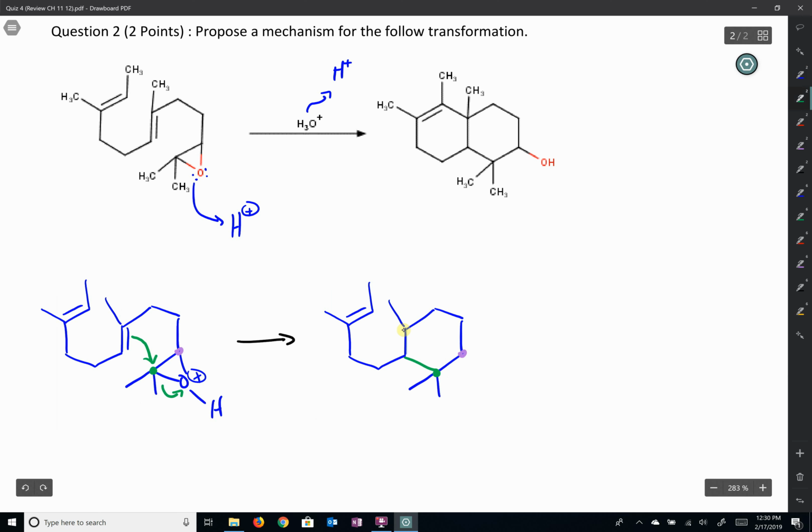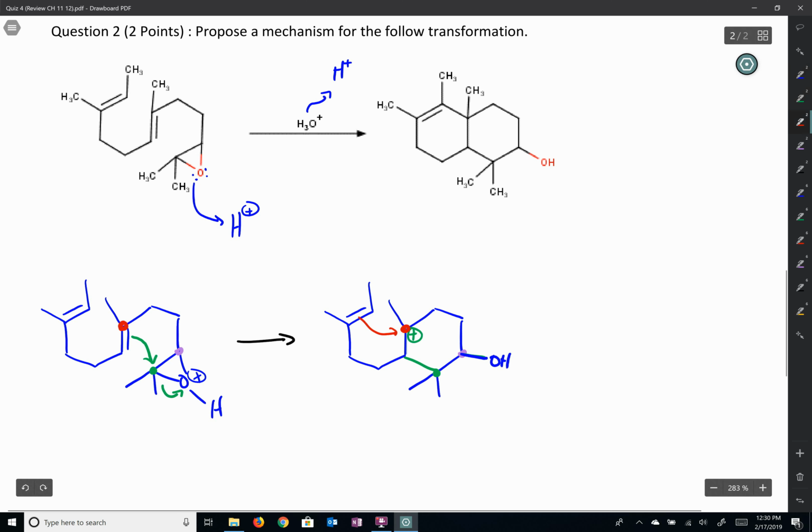Whoops, that should be in blue over here. And we have our alcohol over here. And we left behind a positive charge, right? We took a bond away from that red carbon there, right, and left behind a partial positive.